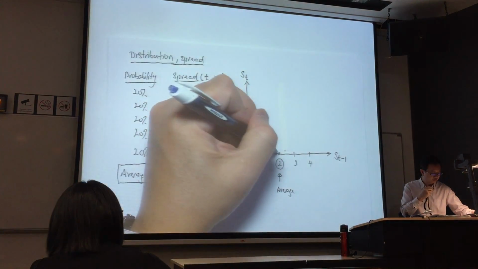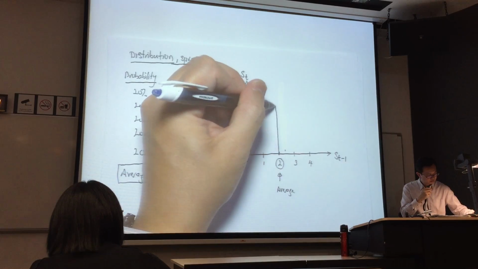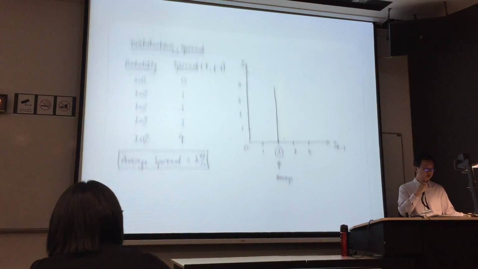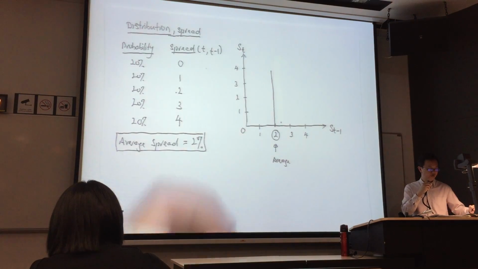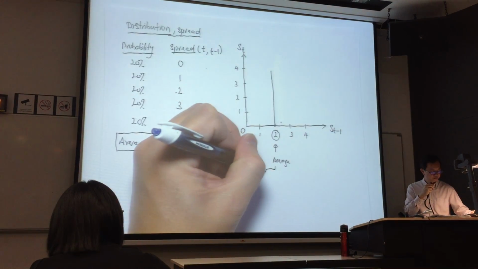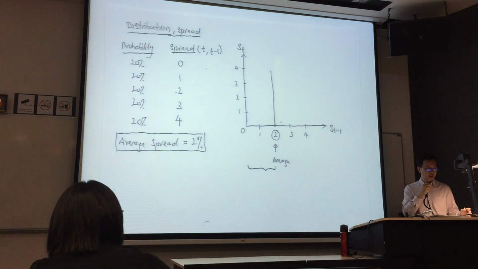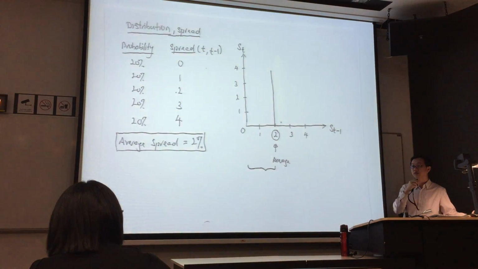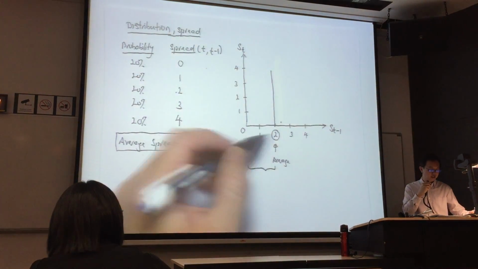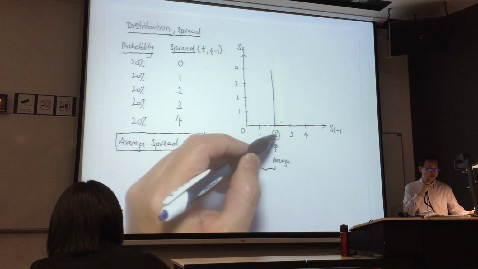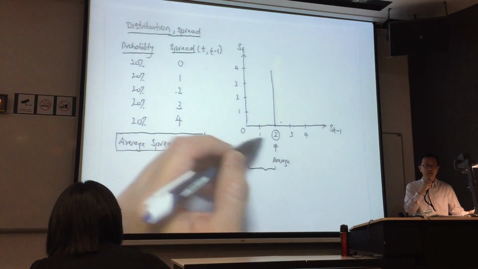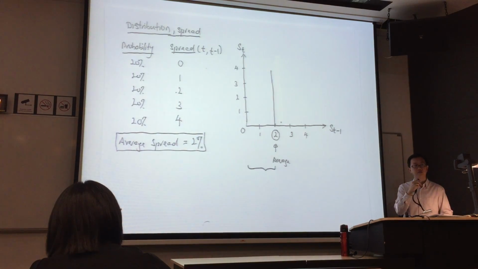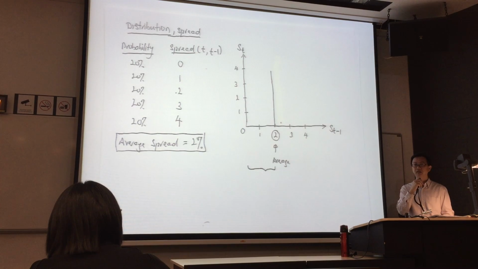Right, so I will trace out a vertical line here. And this allows us to figure out what should be the strategy. If I say the spread is below 2, okay? So here on the left of this point, right, the spread is lower than 2. What will you do, right? If I say the spread is lower than 2, will you bet that the spread will increase or decrease?